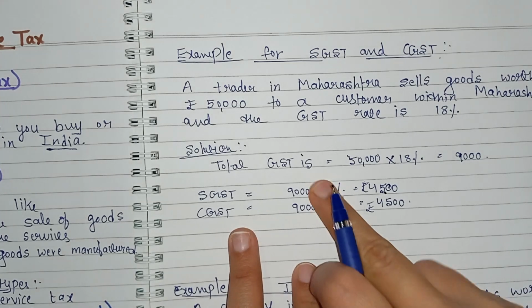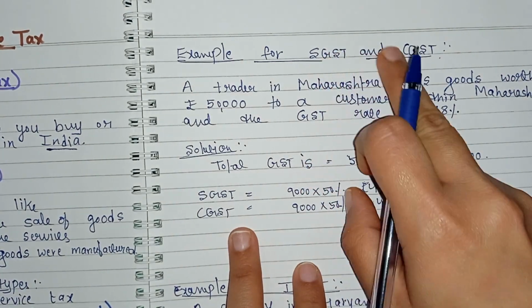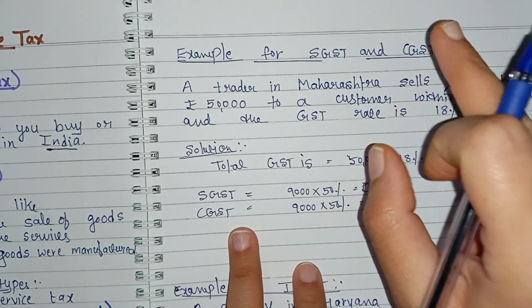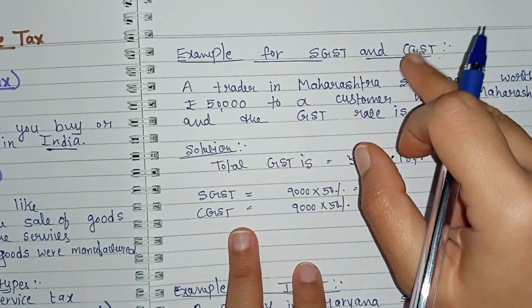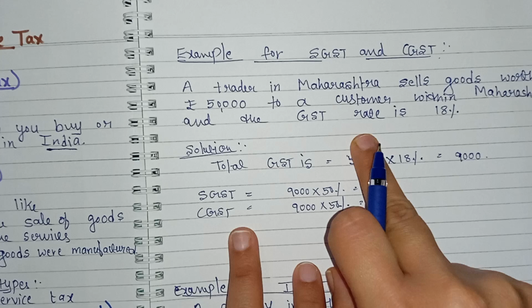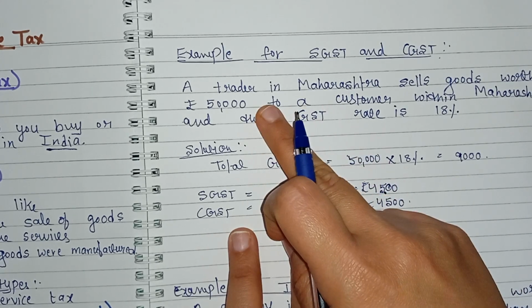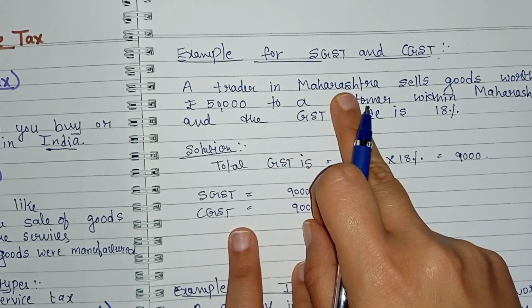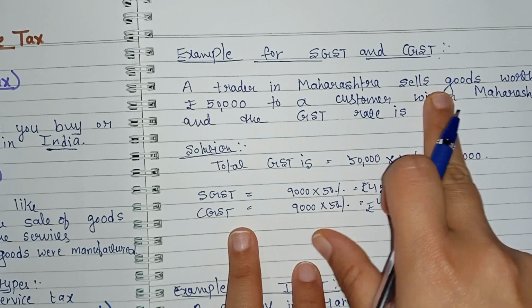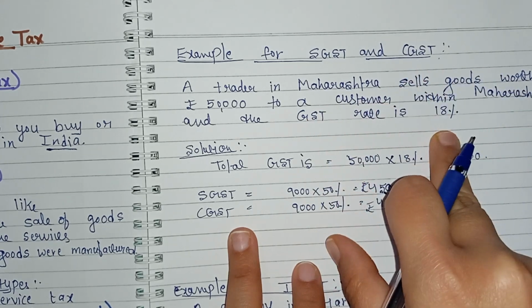Okay, so again I will tell you, SGST and CGST are charged when goods or services are sold within the same state. See here, the trader in Maharashtra sells the goods to a customer within Maharashtra.